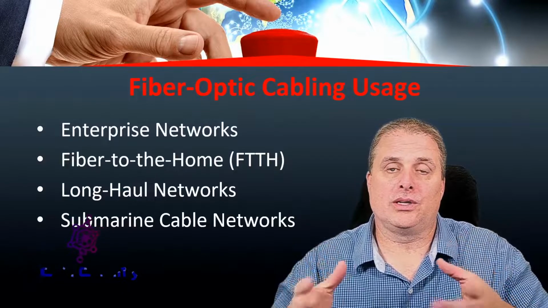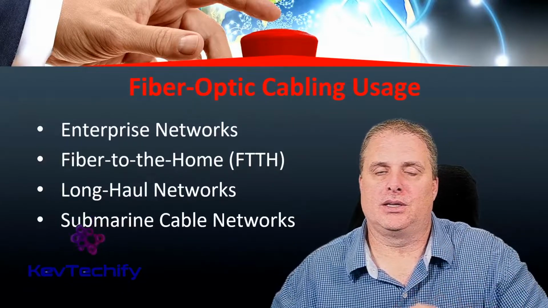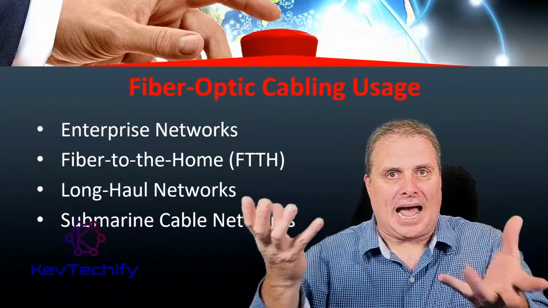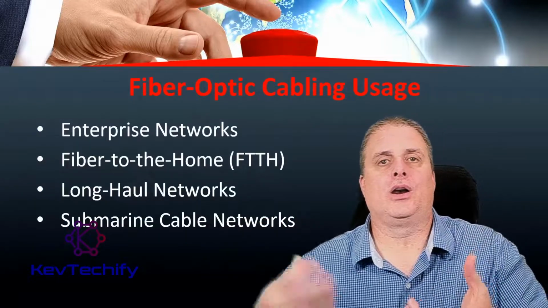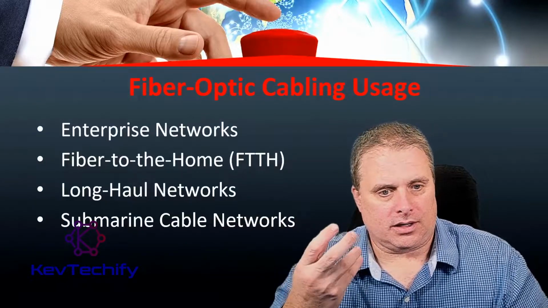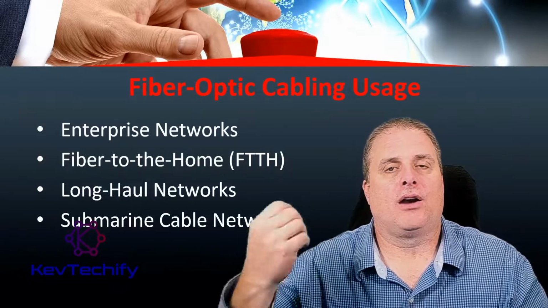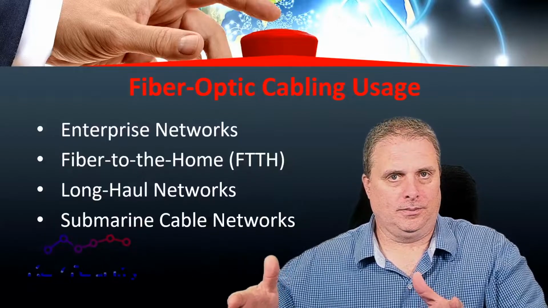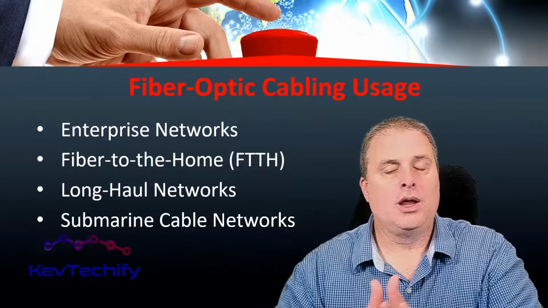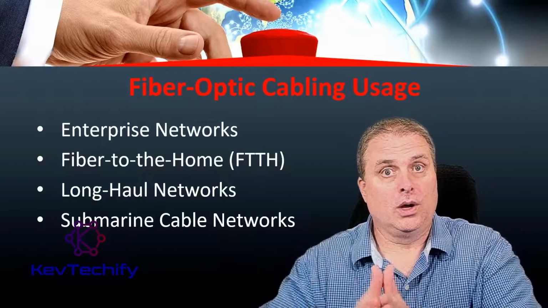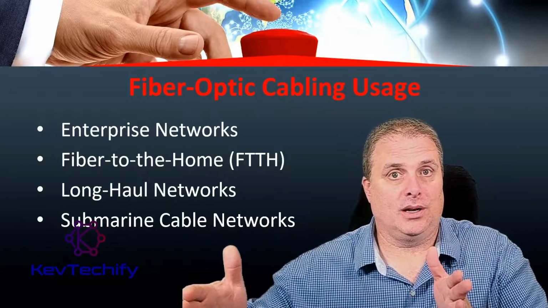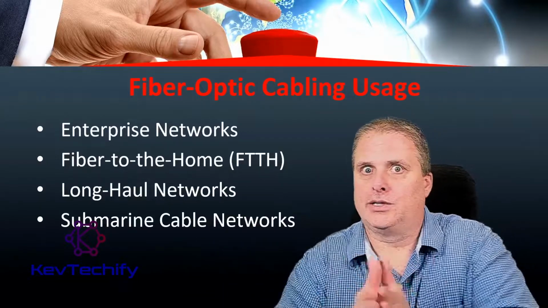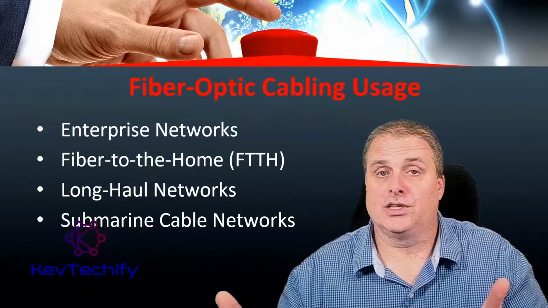Another place we use fiber optics quite a bit is submarine cable networks, connecting continent to continent, North America to Europe. Our submarine cables there are fiber optics, because we can do the long hauls between repeaters. We can do 50, 60 miles between them, where if we used copper, it's only 300 feet. Big difference there.